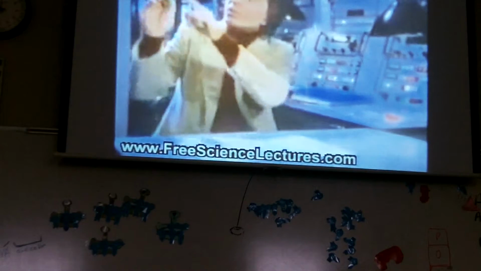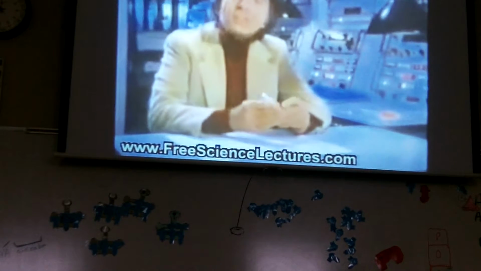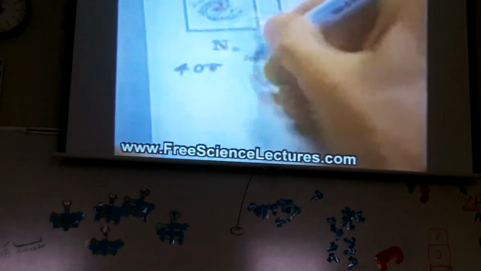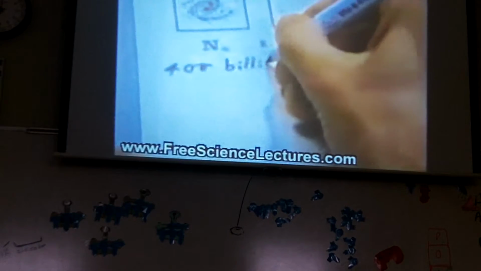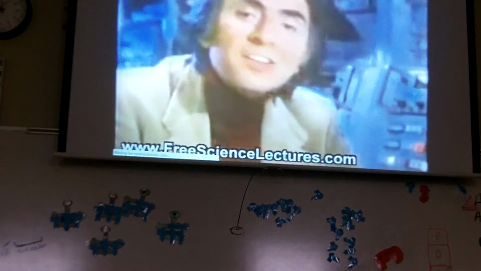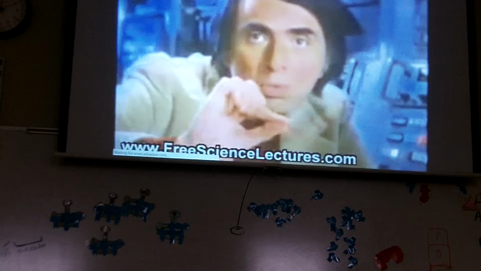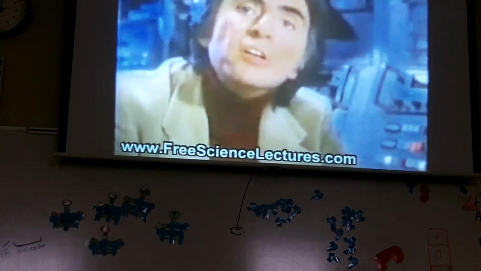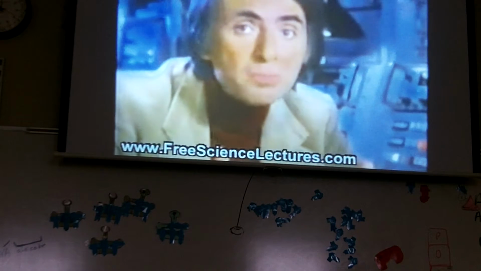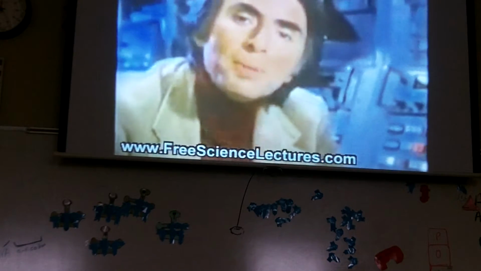By carefully counting the number of stars in small but representative regions of the sky, we find that the total number of stars in the Milky Way is about 400 billion. It's a lot of stars. What about planets? Well, in studies of double stars and investigations of the motions of nearby stars, and in many theoretical studies, we get a strong hint that many, perhaps even most stars, are accompanied by planets.